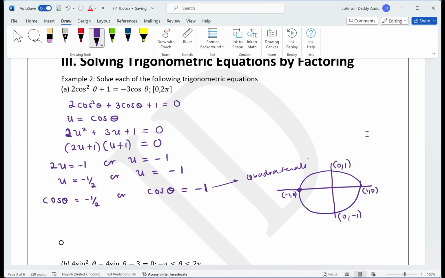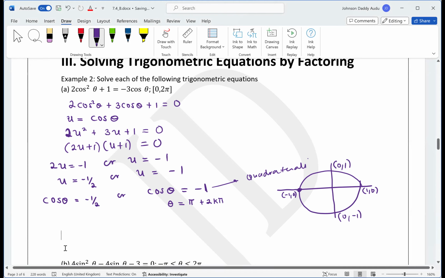So here you can see that this can only happen when theta equals pi. If theta equals pi, then this is going to be true. So here we have pi, but we can also add 2k pi or 2n pi. This is always true. Now, we finished the first case.